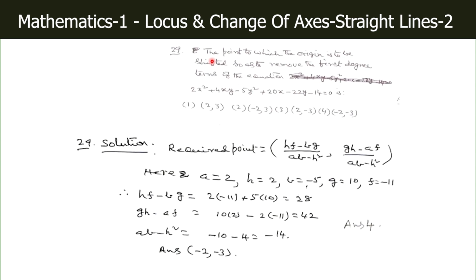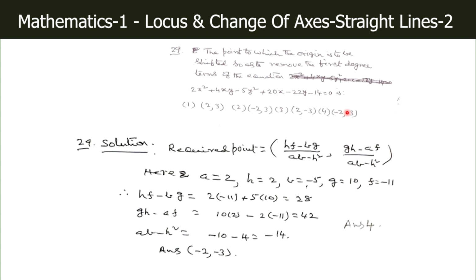The point to which the origin is to be shifted so as to remove the first degree terms of the equation 2x square plus 4xy minus 5y square plus 20x minus 22y minus 14 equal to 0 is: option number 1, 2, 3; option number 2, minus 2, 3; option number 3, 2, minus 3; and 4, minus 2, minus 3.